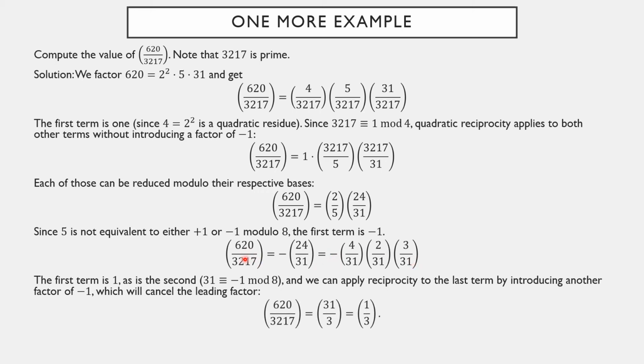So overall, 620 by 3217, this minus sign is canceled. This was 1, this was 1, and I flip that by quadratic reciprocity. 31 by 3, I can now reduce this modulo 3 and get 1 mod 3. So ultimately, the question of, is 620 a quadratic residue modulo 3217 has simply become, is 1 a quadratic residue mod 3? Yes, it definitely is.